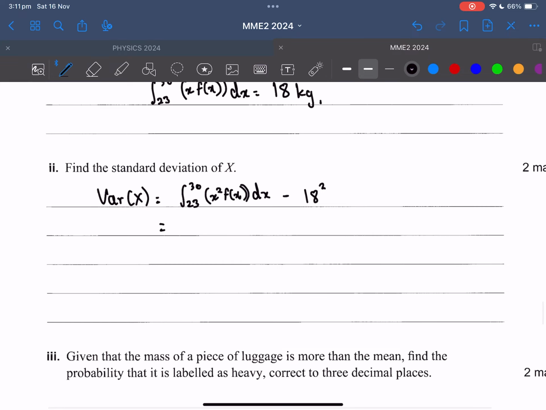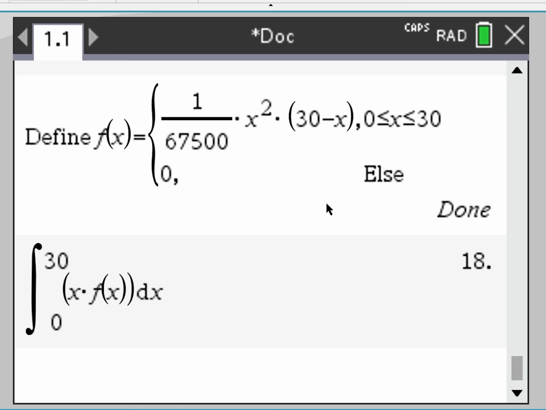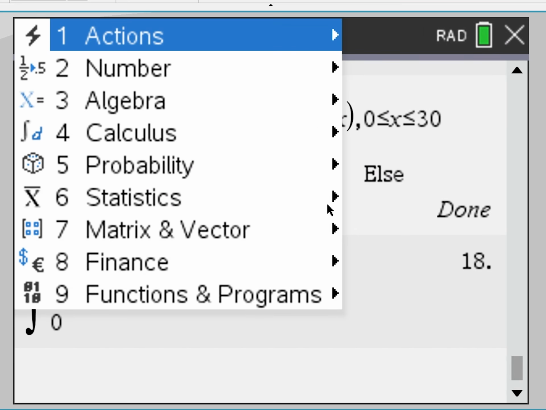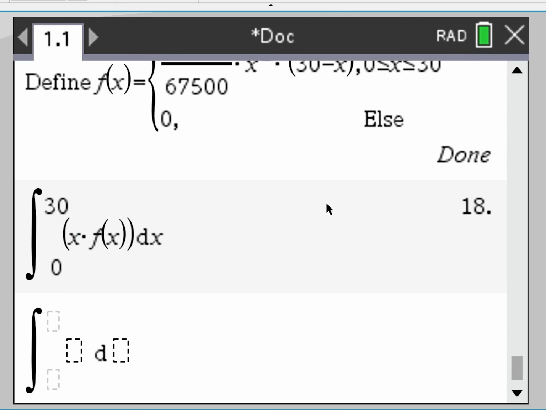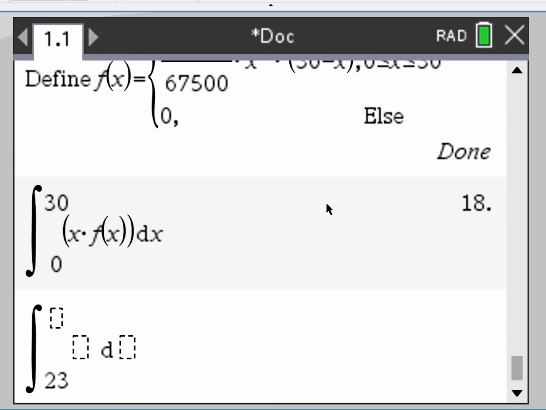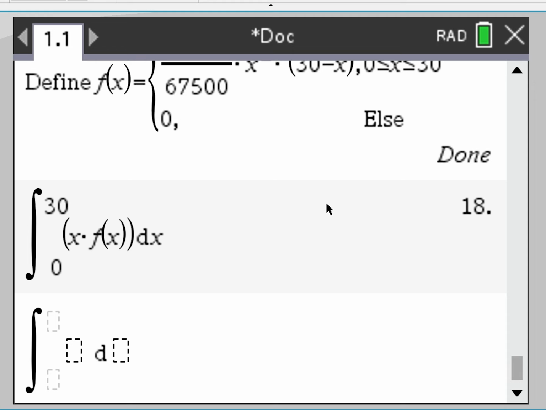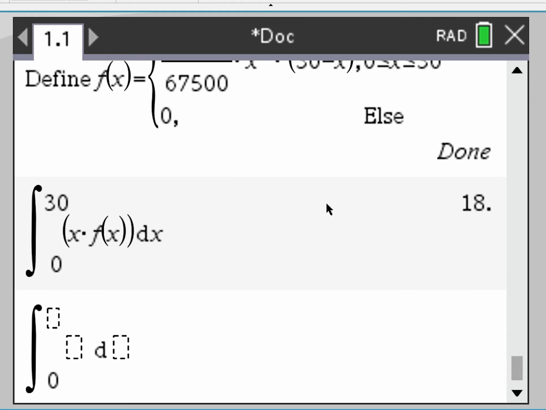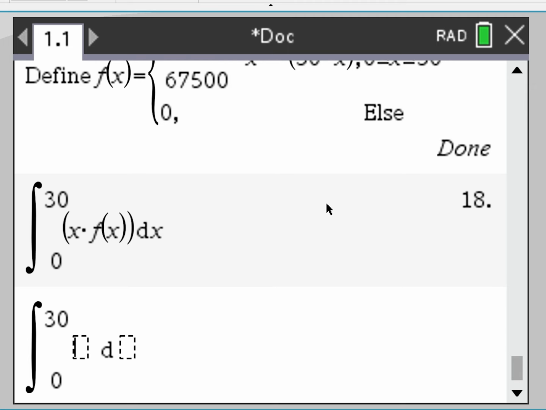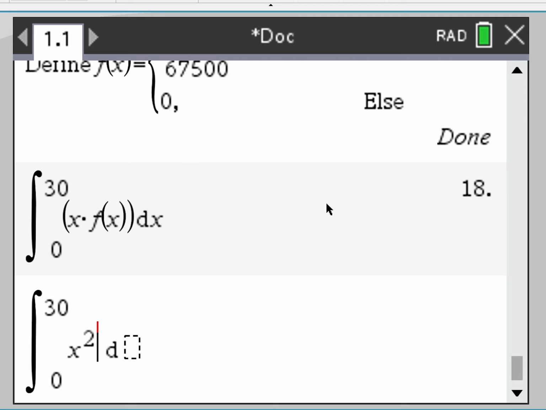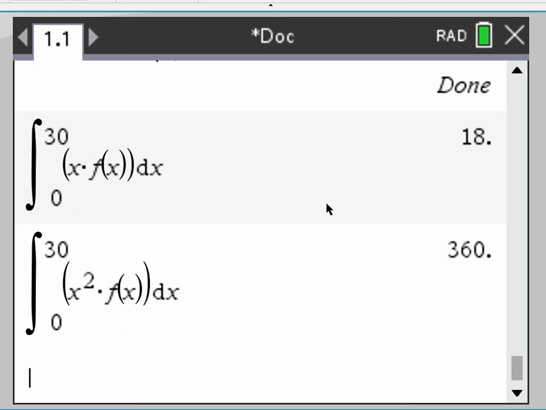So let's find this on CAS. So menu 4, 3, what is it, 23, oh wait, it has to be from 0. What am I doing? 0, not 23, 0 to 30, x squared times f of x dx, like that.